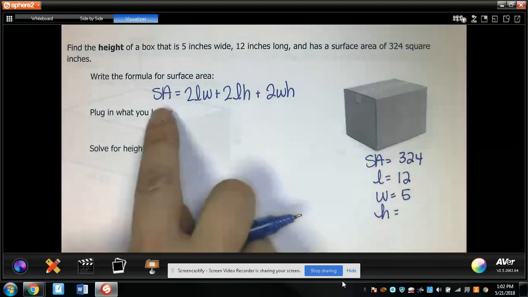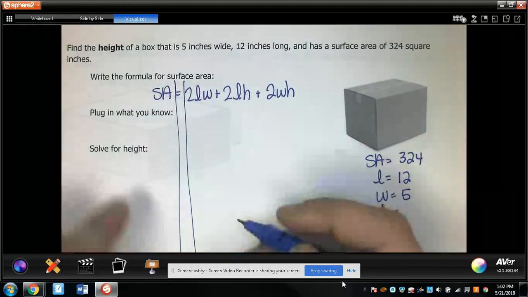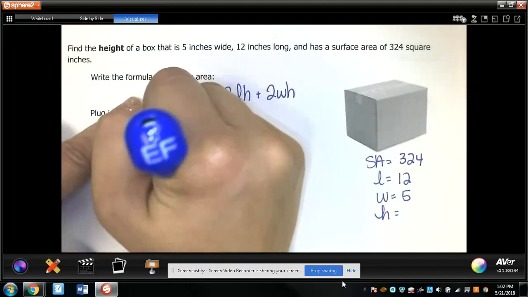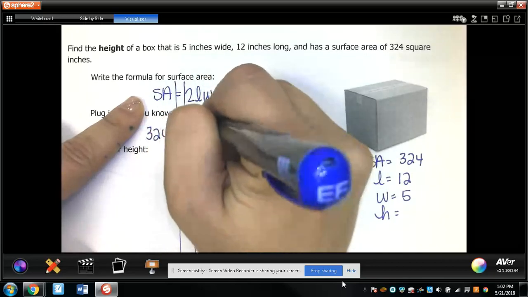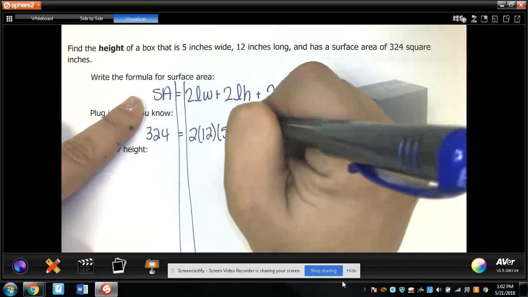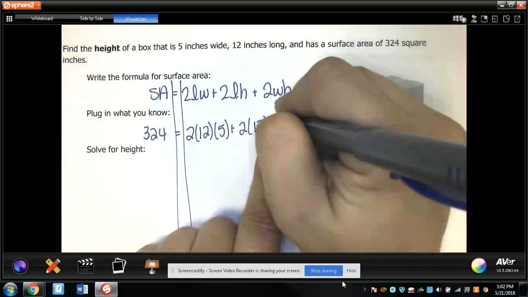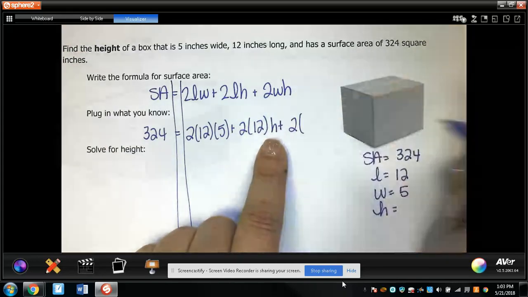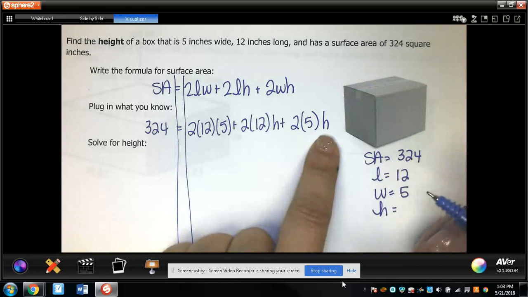So I'm going to plug in everything that I know. Make my railroads. So the surface area is 324, and that equals 2 times the length times the width plus 2 times the length times the height, which I don't know, so I'm going to leave that as h, plus 2 times the width times the height, which I don't know, so I'm going to leave that as h.